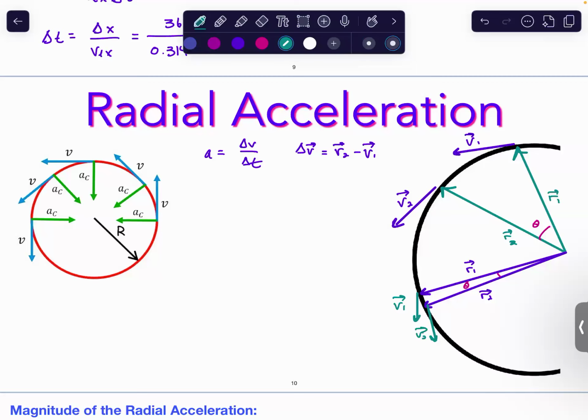So if we take these two velocities and line them up, put them tail to tail, what you're going to notice is your delta V is going to point like that, which shows you that your delta V at every point is going to point radially back into the circle.